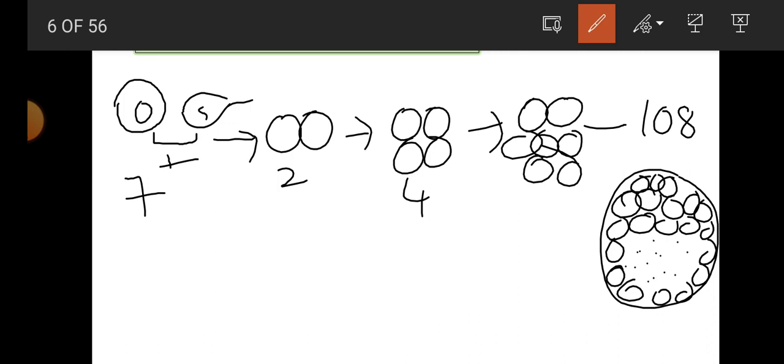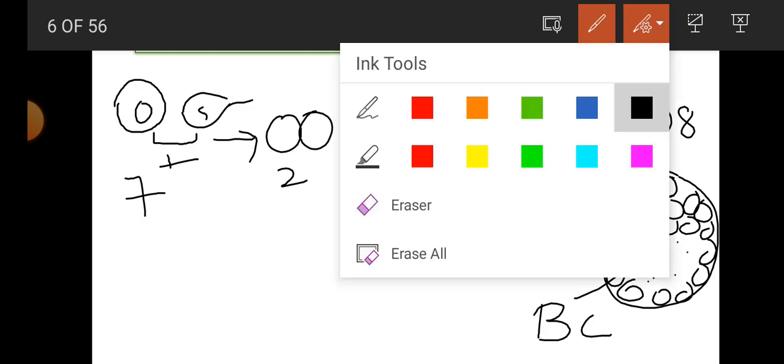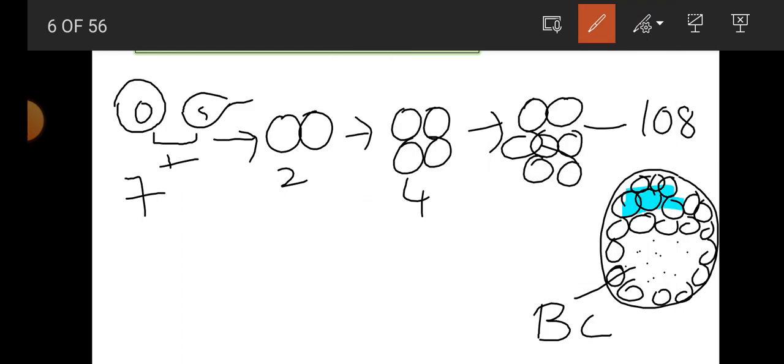Now this cavity is called the blastocele, and the cells which are moved apart are called the embryoblast, and the cells which line the cavity are called the hypoblast. Embryo refers to the developing embryo, and blast refers to precursor cells.